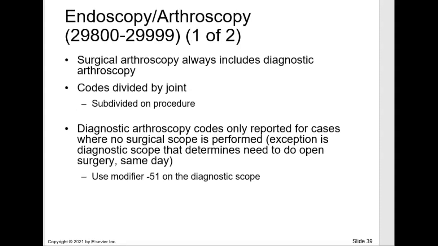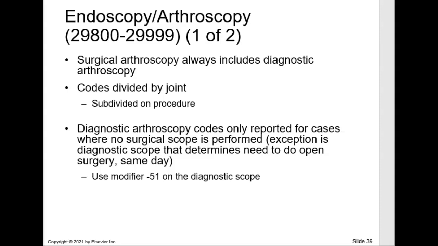Endoscopy, arthroscopy. Okay, surgical, this is very important. Surgical arthroscopy always includes diagnostic arthroscopy. So here's an example. You're having a diagnostic knee arthroscopy done. They're going to go in there and check to see what's wrong with your knee.